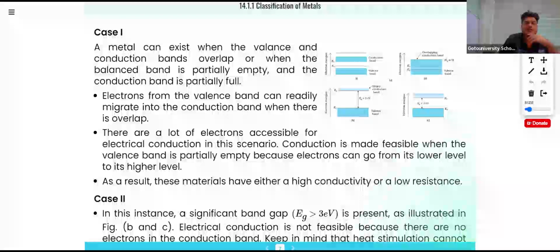A metal can exist when the valence and conduction bands overlap. When the valence band is partially empty and the conduction band is partially full, the electron from the valence band can readily migrate to the conduction band when there is an overlap. There are lots of electrons accessible for electrical conductivity in this scenario. Conduction is feasible because electrons can go from a low level to a high level. As a result, these materials have high conductivity and low resistivity.